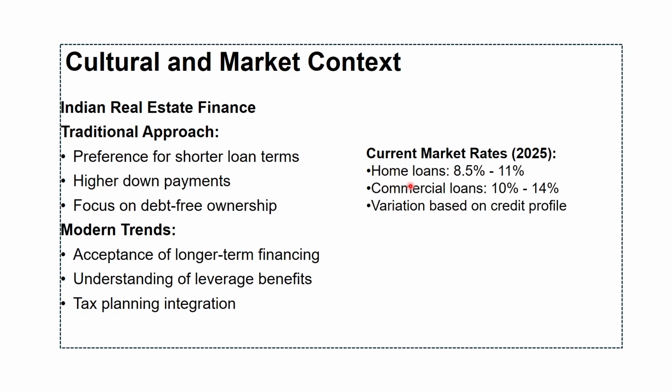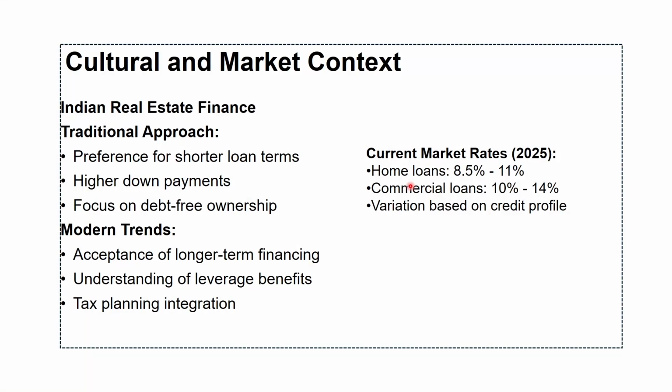So, this variation, this bracket which is there, depends on a lot of factors we have discussed earlier. I will briefly summarize those factors. We have seen that the CIBIL score is a very important determinant. Sometimes that impacts the percentage which you are talking about.